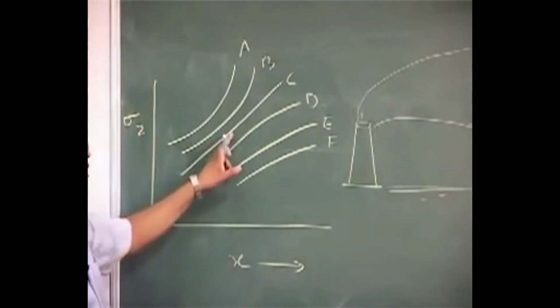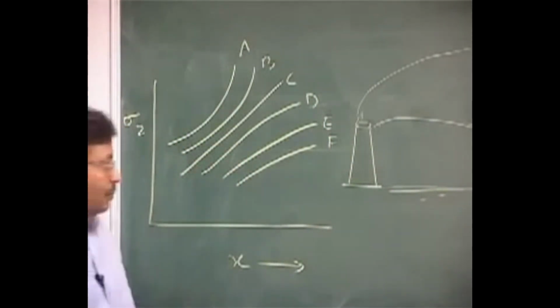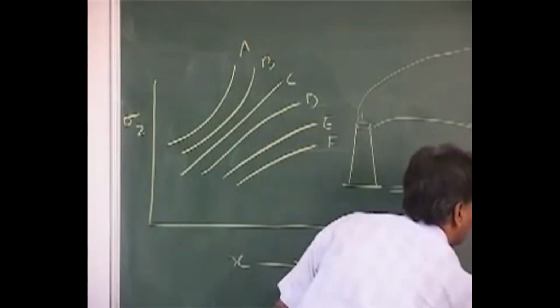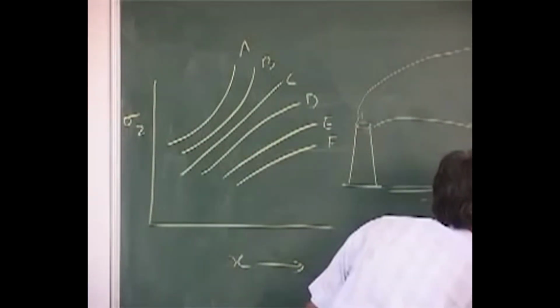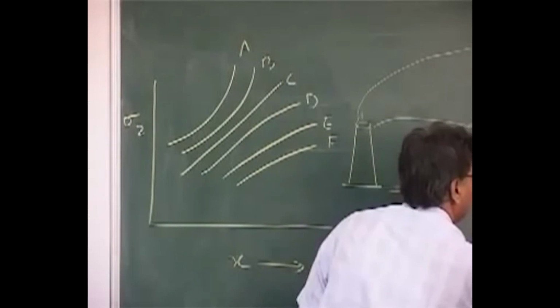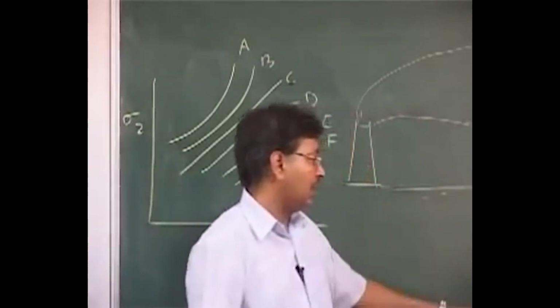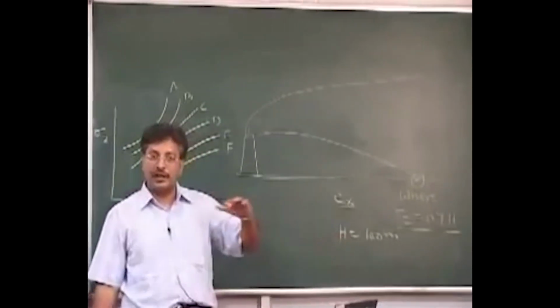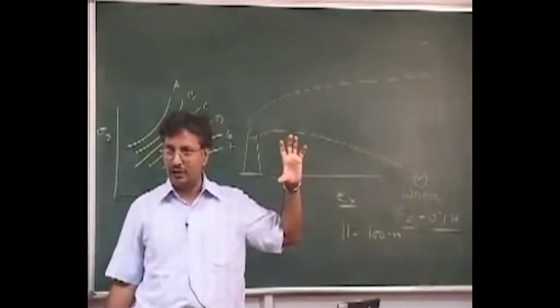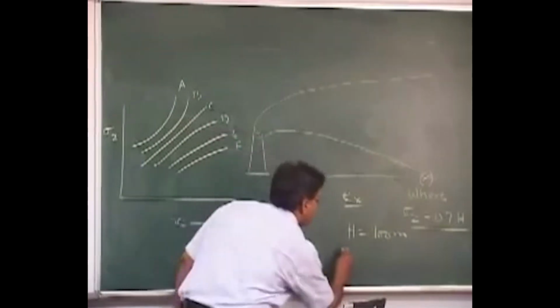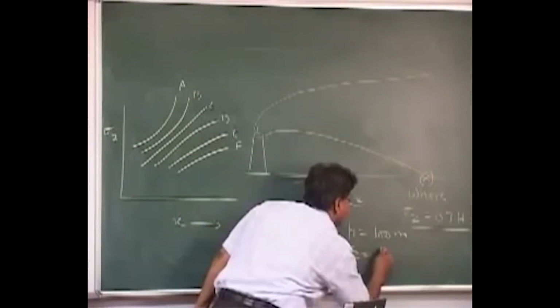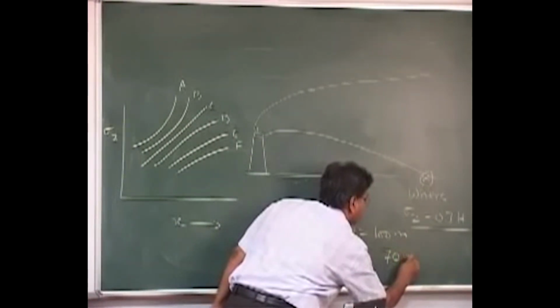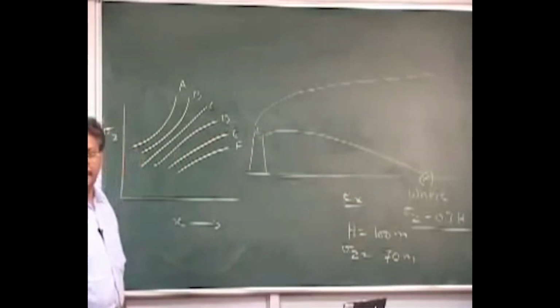So suppose my condition was C. Suppose my H was equal to 100 meters, for example, let us say; you can calculate H, that was your physical stack height plus delta H, right. So my sigma Z for maximum concentration will be 70 meters, right.